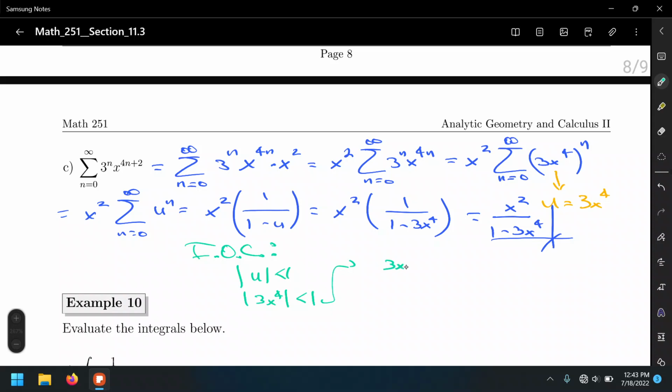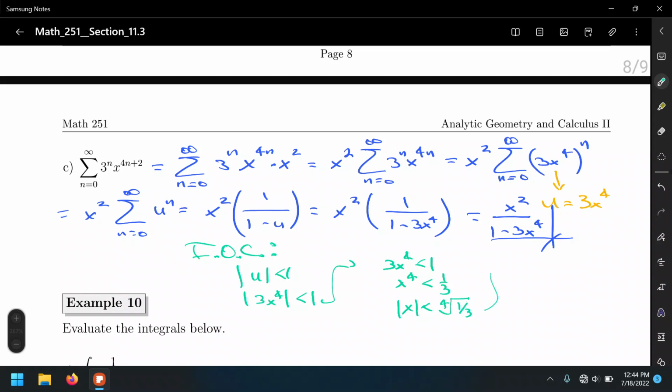So that's 3x to the 4th less than 1, so x to the 4th power is less than 1/3. And when we take the 4th root, be careful, because for even roots we get the absolute value of x less than the 4th root of 1/3.